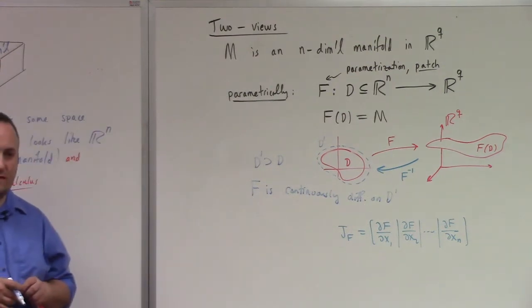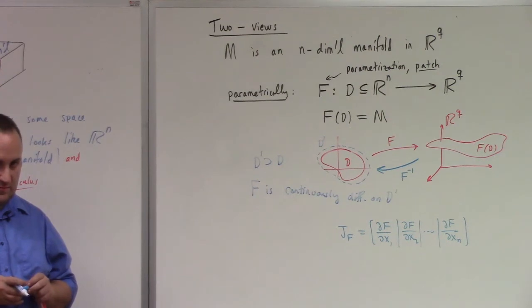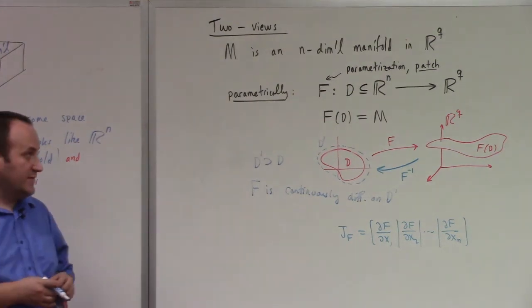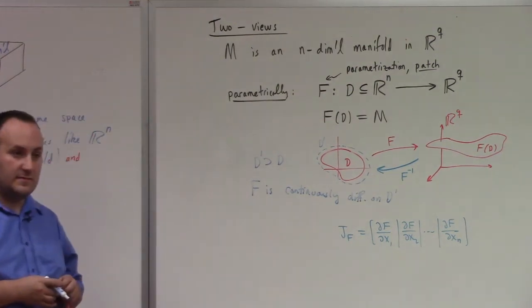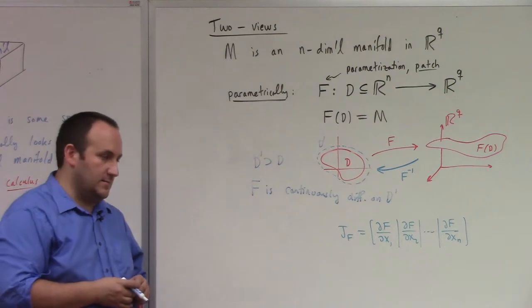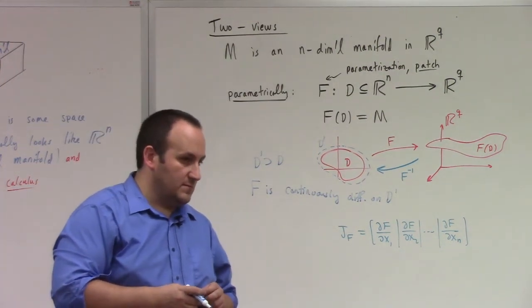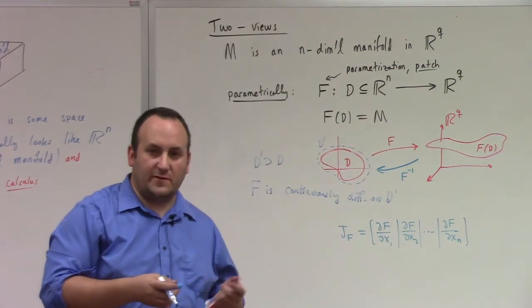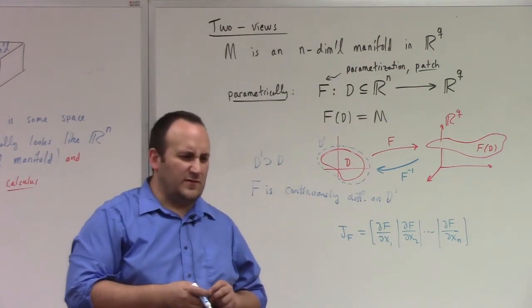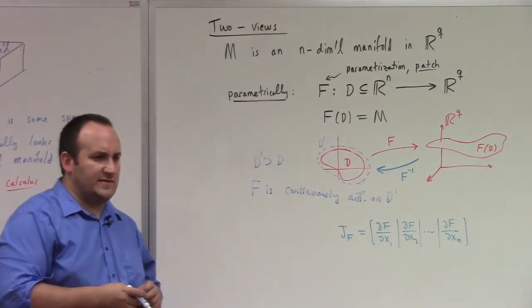But this is not usually a square matrix, because it's more interesting when Q is not equal to N. If Q is equal to N, then we have an inverse function theorem. You need a more general theorem to treat this. There's something called the constant rank theorem that takes care of it.